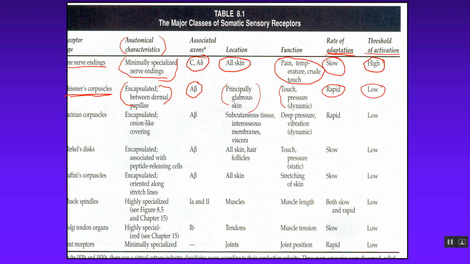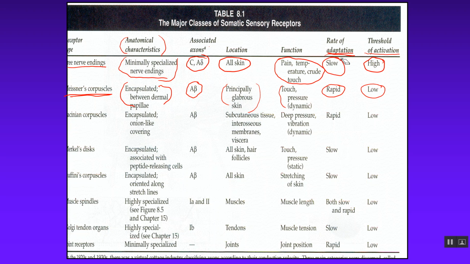It's very low threshold because it's a touch. That gives us a sense of texture and touch on our lips, on our fingers, those kind of things. It's very important for giving us that information. So it's a low threshold of activation. You want to be able to feel things even with a very slight pressure, and sense that.